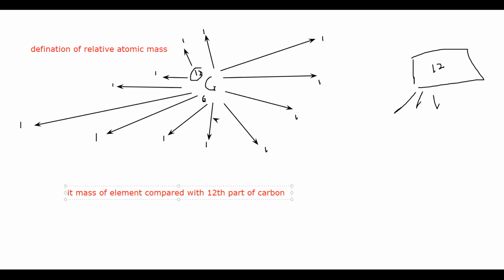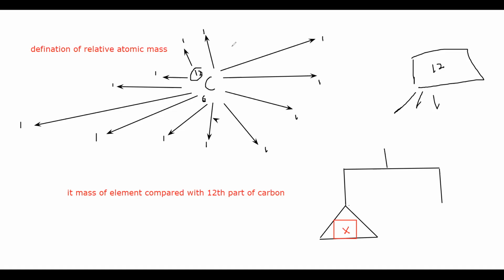For example, if you have a beam balance, and on your left hand side you have an unknown element. You don't know the element's mass, so say X, any unknown element.